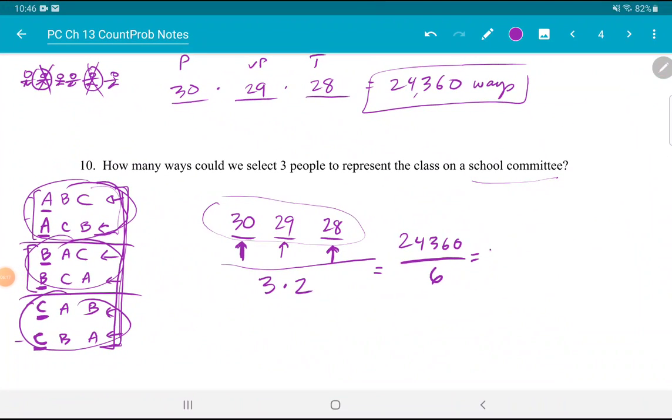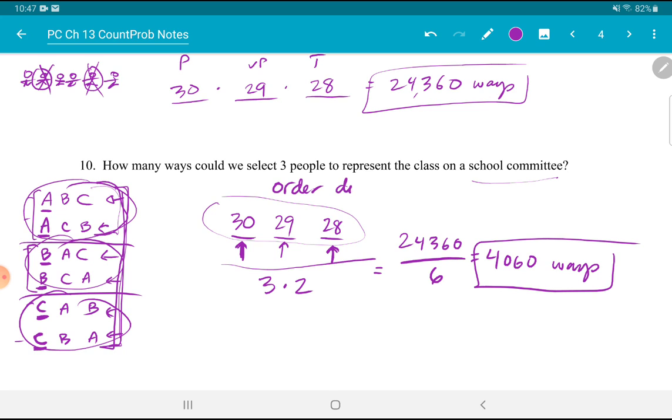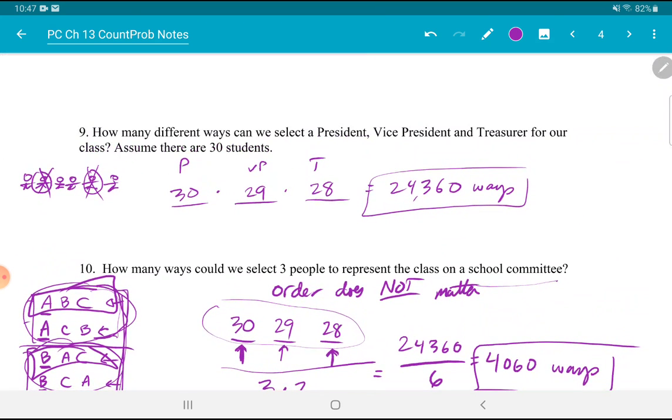Okay, so we have 4,060 ways to get 3 people on the committee because really, in this case, the order does not matter. Order does not matter because ABC is the same as CBA, is the same as BAC. Order does not matter. However, in our first choice, it does matter.